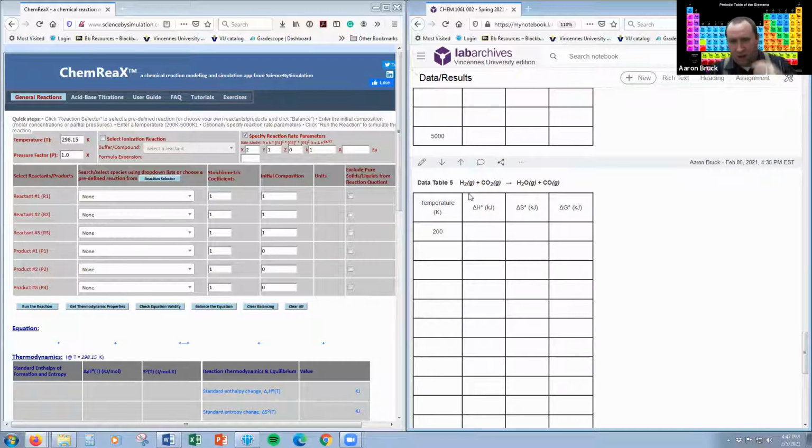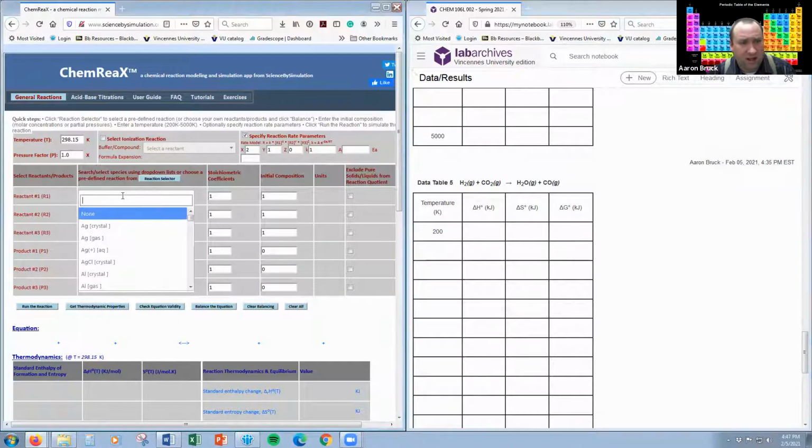Reaction 5 is the oxidation of hydrogen by carbon dioxide. And so you can put that in. It's a little bit more arduous to do, but you can do it reactant by reactant. H2.